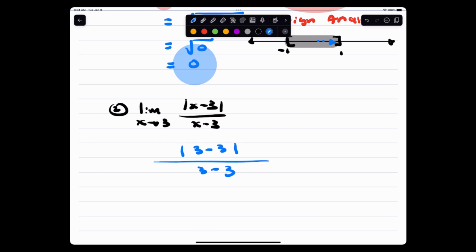What does that give you? Absolute value of 0 over 0, and the absolute value of 0 is 0. And 0 over 0 we know is indeterminate. What does indeterminate mean? It means that we don't know what the answer is.